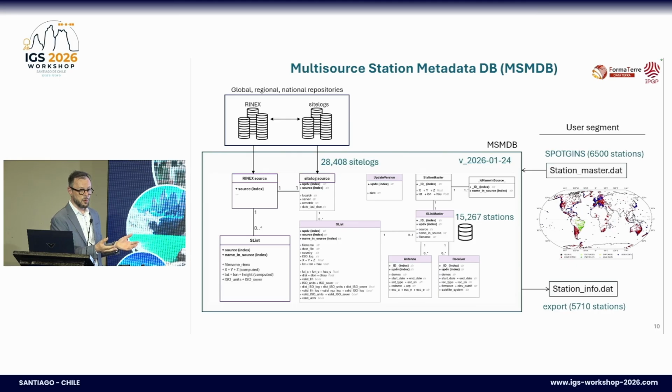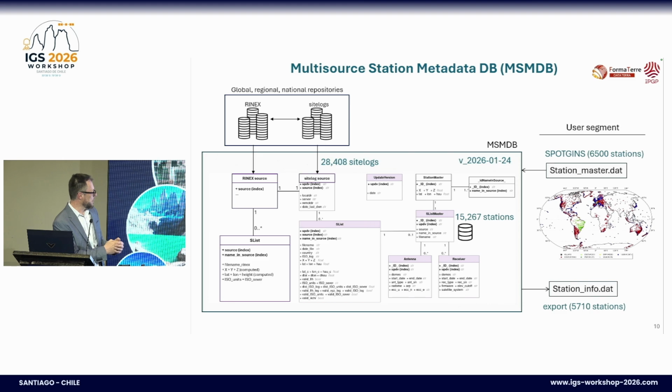Many stations can be found on several site logs, so we can cross-compare the information content. And the idea is to serve quality-assessed metadata, which can be used by our scientific community to process the data, the RINEX data, and also to interpret the time series, as I showed in the examples.